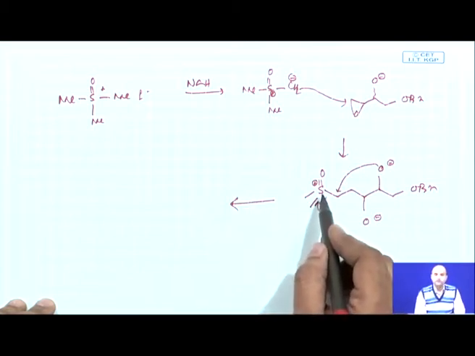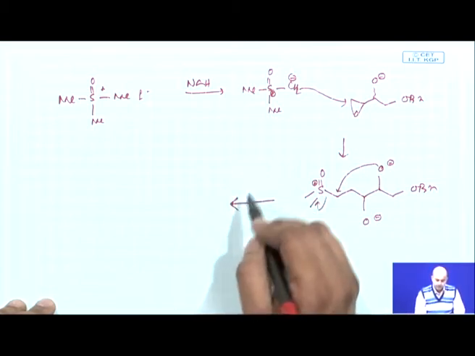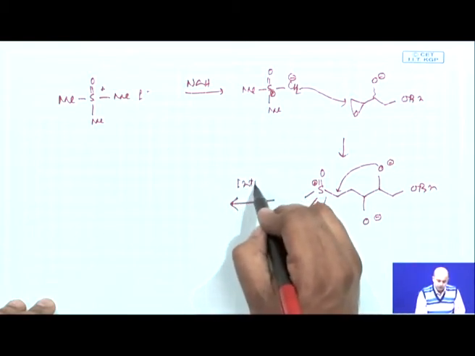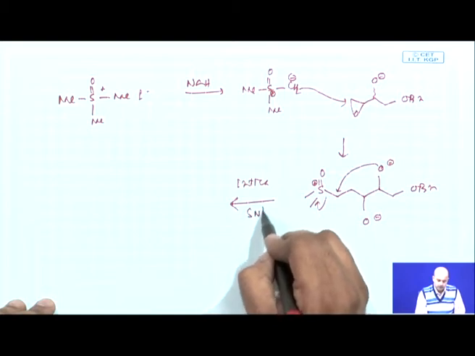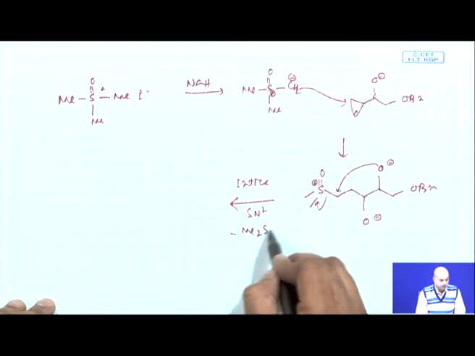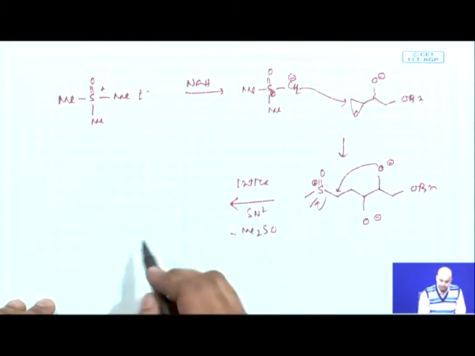Dimethyl sulfur containing compounds have a good leaving aptitude. So, now an intramolecular SN2 will take place, and that will leave your dimethyl sulfoxide as it is.